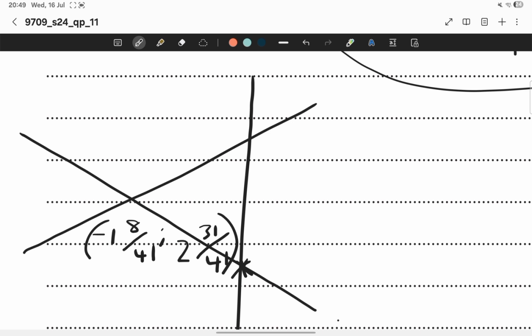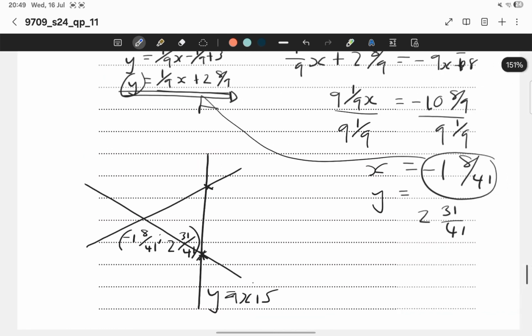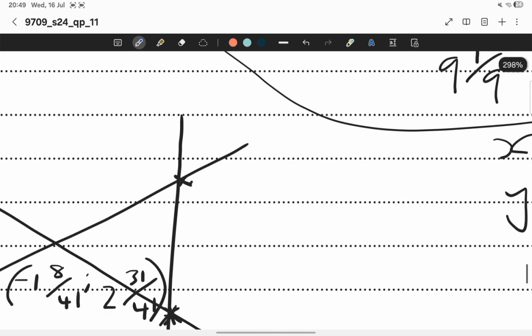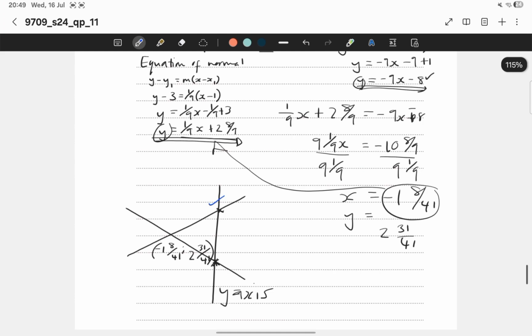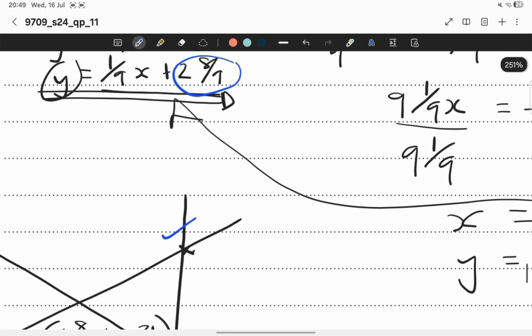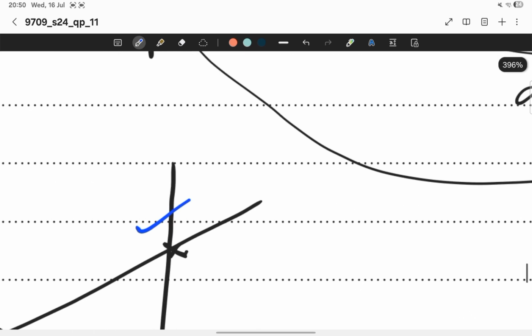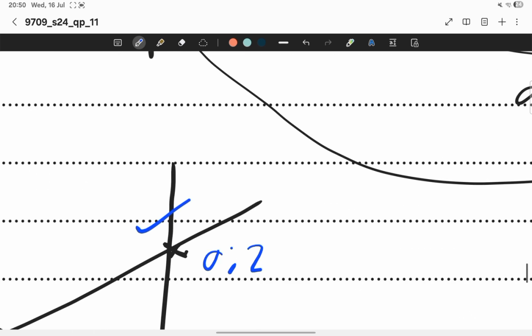So we're going to need this point and this point right here. Let me just use a different color. For this point, this is the point where the normal crosses the y-axis, which is its y-intercept. So it should be 2 and 8 over 9 as the y-coordinate. So it's (0, 2 and 8 over 9).